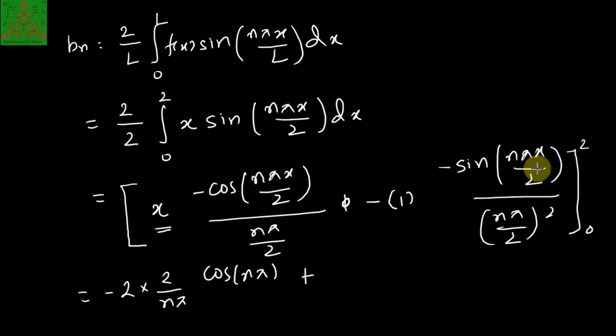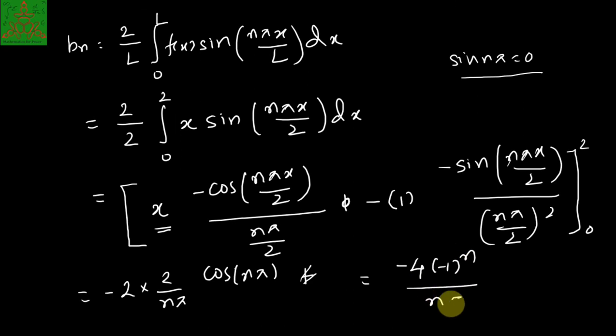Here when I substitute, it is sin n pi, and sin n pi will become 0. So that's why this quantity will become 0. When I substitute 0, 0 into anything is 0, and sin 0 is 0. So only this quantity is left. So finally you will have it is minus 4 into minus 1 raised to n upon n pi.